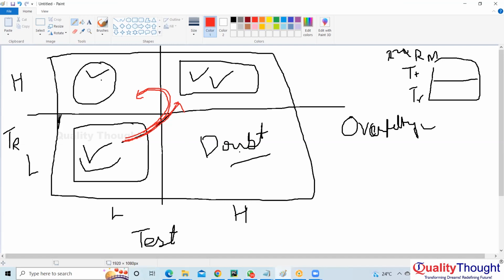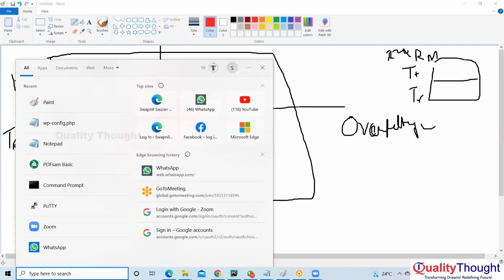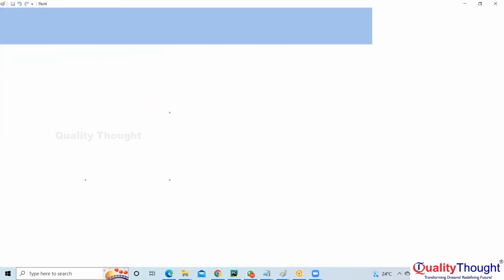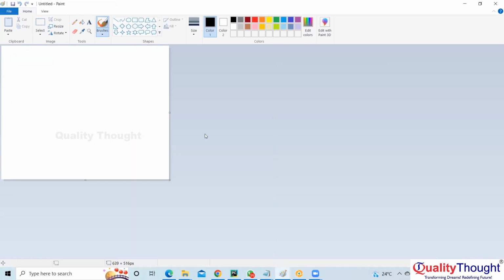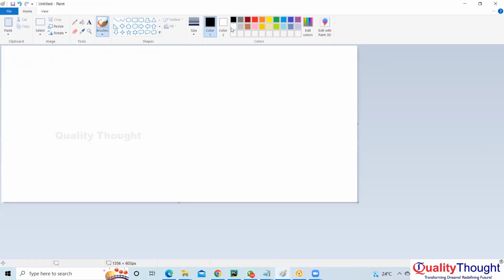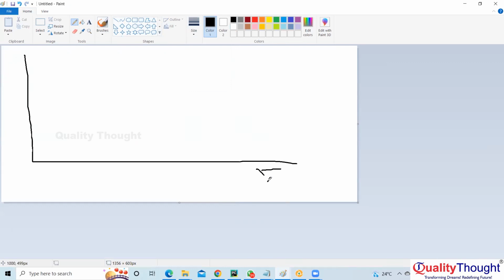So if I have to put it in a graph, I'll open another paint. Let me draw X and Y axis. Let's say this is your values, or parameters or changes that you're doing, and this is your accuracy. Accuracy will be first low.